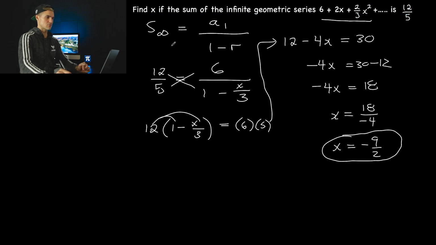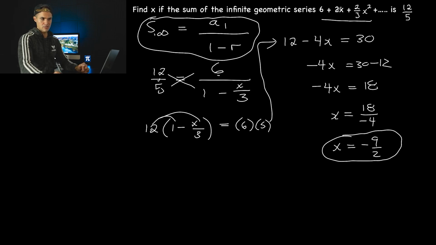I used the infinite geometric series formula. I knew the sum, 12 over 5, and I knew the first term. The r I had to figure out, either by doing 2x divided by 6, which is the easier one, or taking 2 over 3x squared and dividing it by 2x. Whichever one you use, the common ratio was x over 3. Then we did the algebra to solve for x, which was negative 9 over 2.